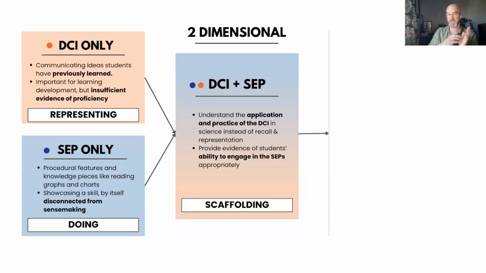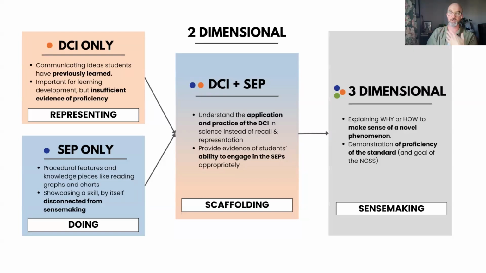This is a way to engage students in the SEPs without having them go whole hog into sense making and three-dimensional questions. So they're not really explaining the how or why of the phenomena with these, but we're able to gather data and say, okay, can you take your knowledge and can you take your skills and put those together in a practice of blending those two in a two-dimensional question. These are our scaffolding questions that build up into three-dimensional questions.